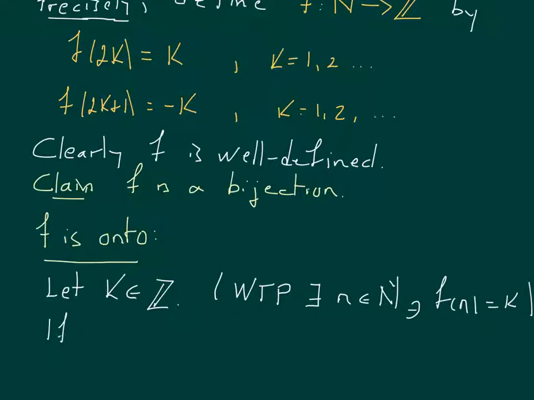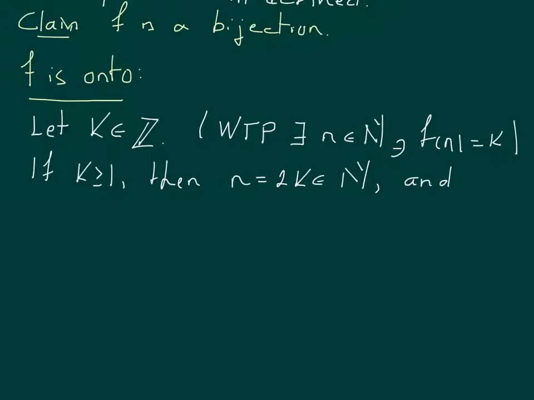If k is greater than or equal to 1, well, then n equal to 2k is a natural number, a positive integer, and in this case, we have that f of n, well, that's f of 2k, and what is f of 2k?